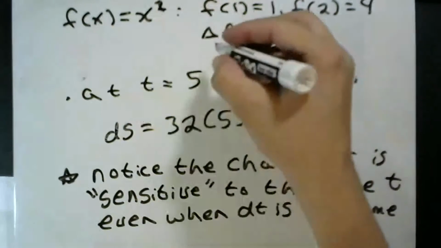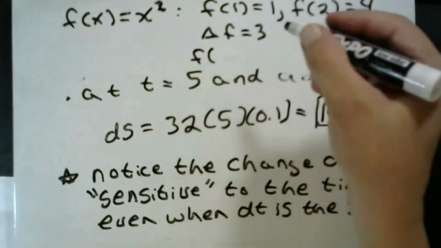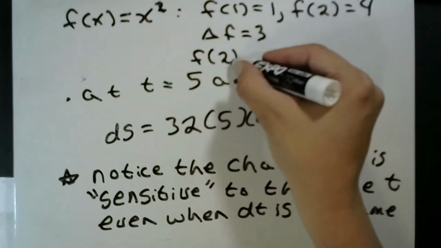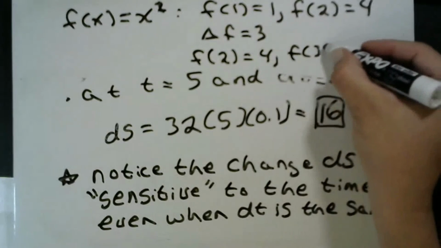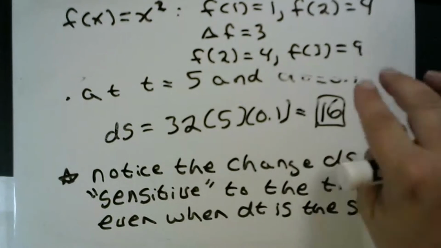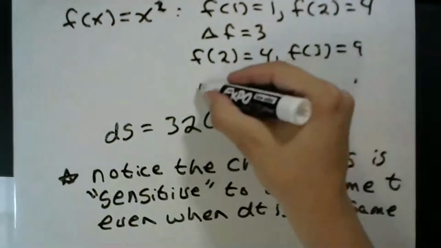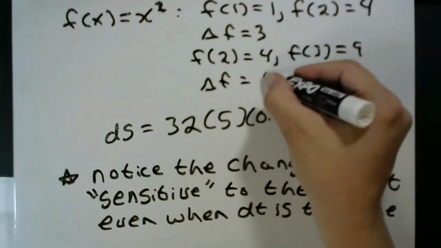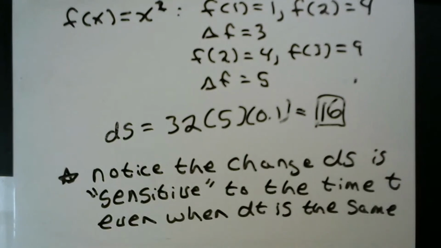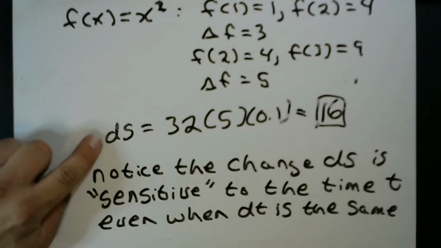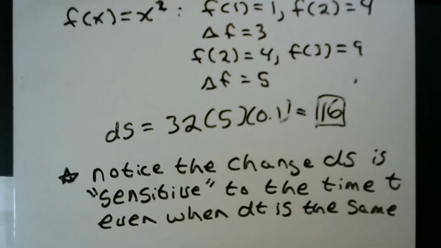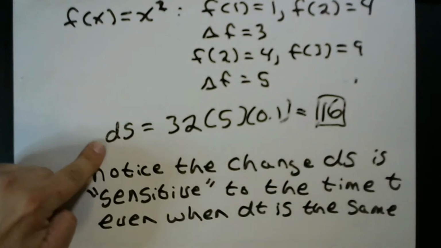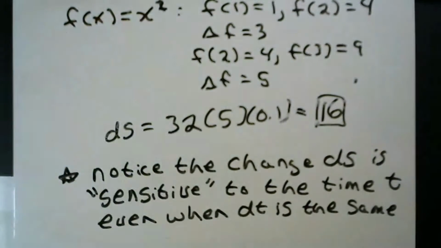Again, if we do the same thing, say f of 2 is 4, f of 3 is 9. So in this case, delta f is 5. Well, the same is going to be true with the differential. Where we choose our time t in this case, we're going to get bigger changes in ds, just like we can get bigger changes in delta f.